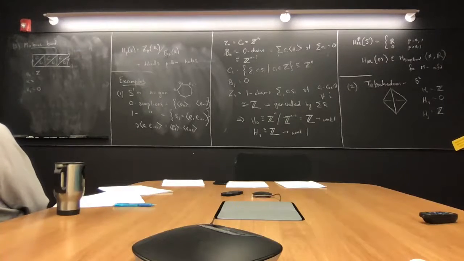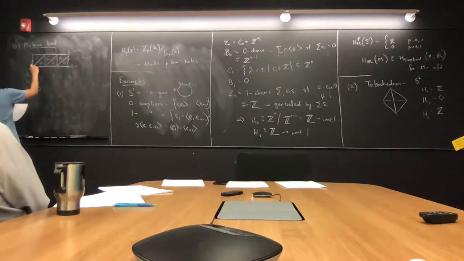So you need some sort of loop in this space, in this triangulation that isn't a boundary. Can you find one? If it was a boundary, that loop would be contractible within the Mobius band.